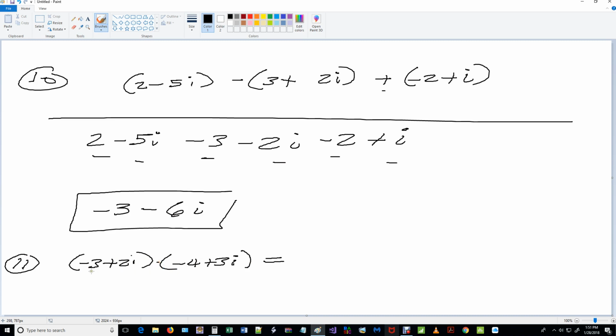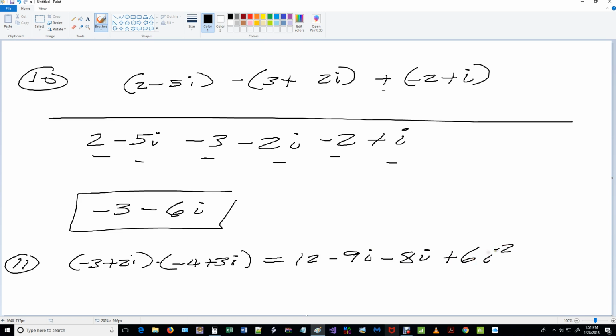So the first, minus 3 times minus 4, that's 12. Outer, 3i times minus 3, that gives me minus 9i. And the inner, 2i times minus 4, gives you minus 8i. And then last will be 2i and 3i. 2 times 3 is 6, i times i would be i squared.